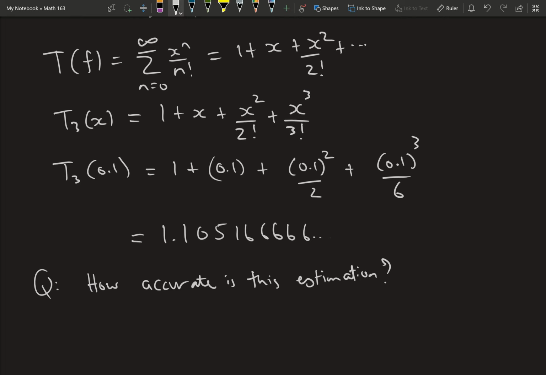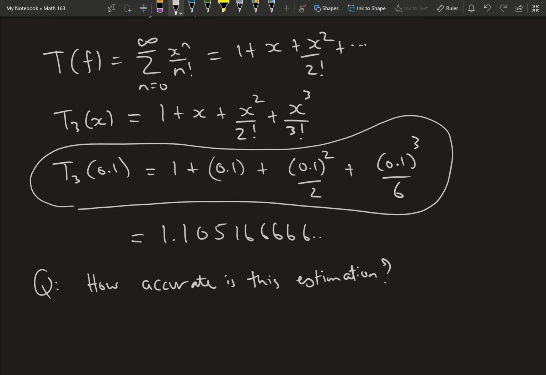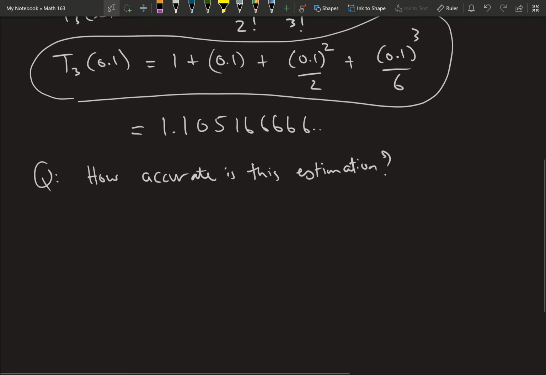I'll probably just leave you to go up to here because I'm going to have you not use a calculator. I would just say write down the expression that approximates e to the 0.1 using a third order Taylor polynomial, and you wouldn't even have to simplify it. But at least for the homework, I have 1 or 2 questions where I want you to have done the error estimation at some point in your life.